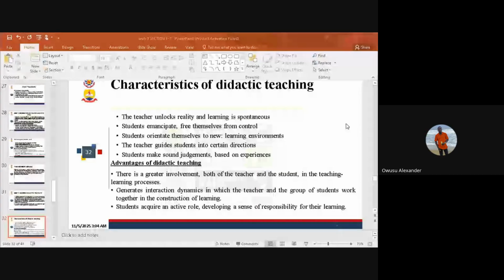Okay. In the lecture method too, students are also recipients of information. Is there a clear distinction between the lecture and the didactic? Yeah, there's a clear distinction. Like I said, there are certain things we normally use the lecturing method for.